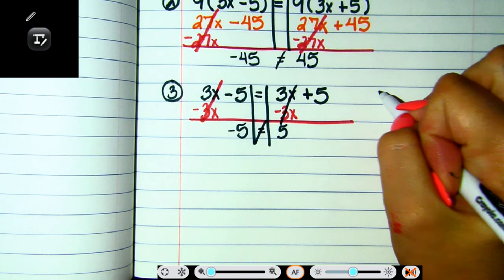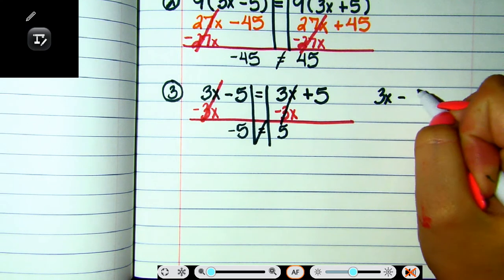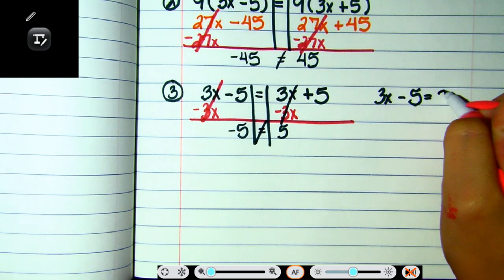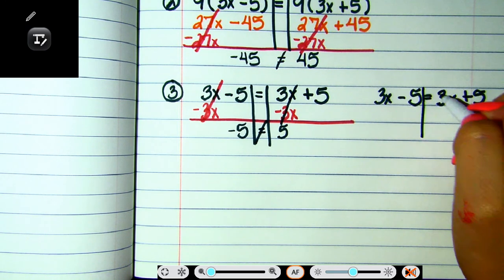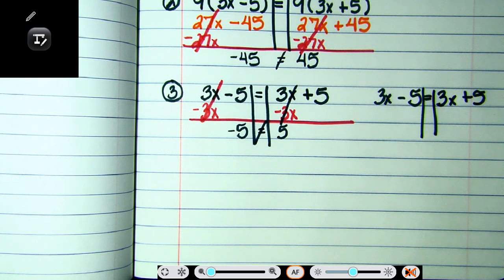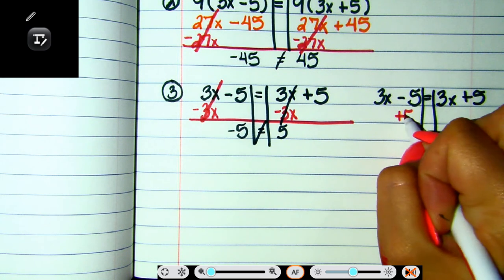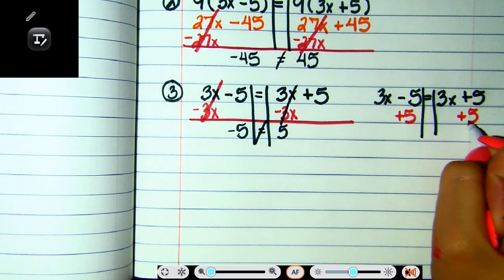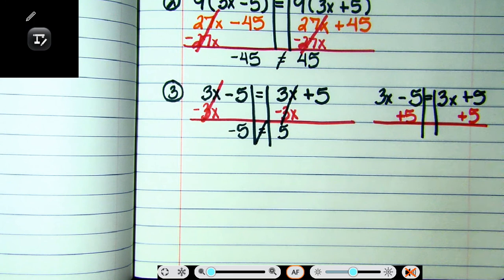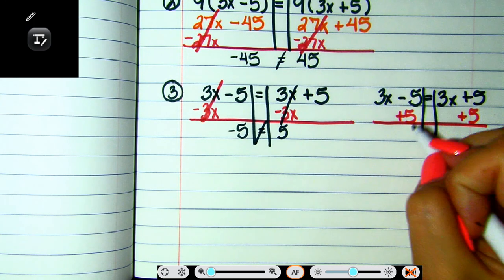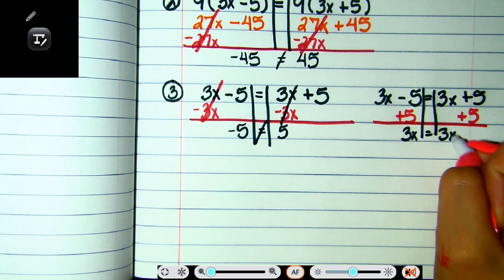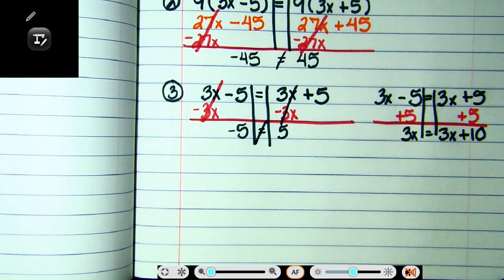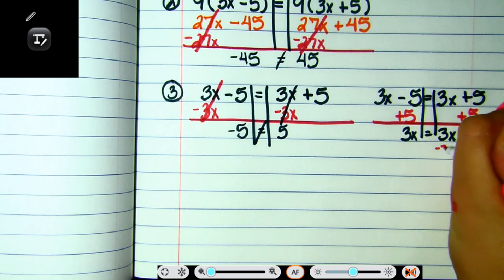Let's also try this one if I was to move the constant over, which is the number or the term without a variable, just so you can see that it works even if I move the other piece over as well. Okay, so that would give me 3x equals 3x plus 10, and then subtract 3x.